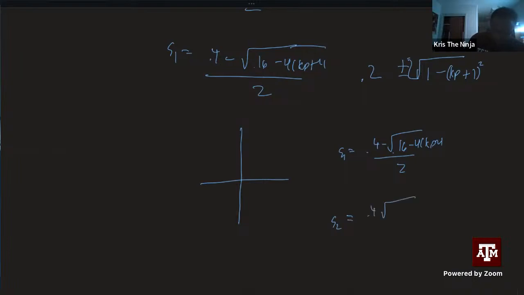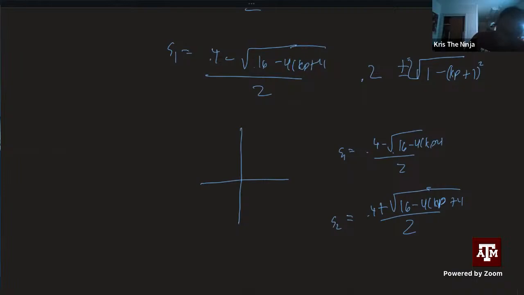So 0.4 plus square root of 16 minus 4 times KP plus 4 over 2. So let's say KP is 0.